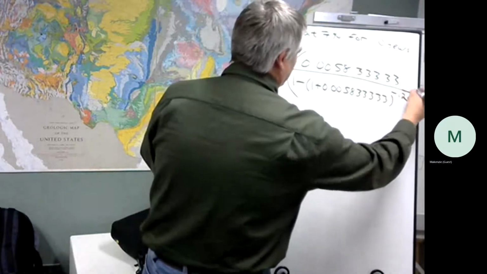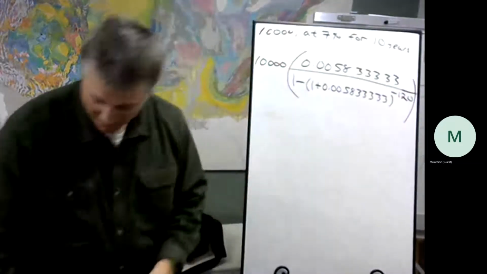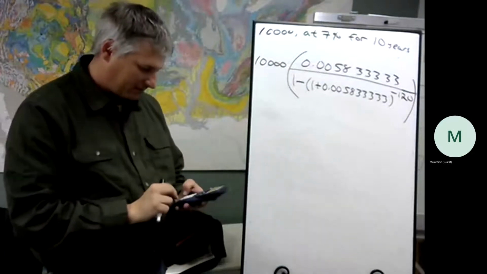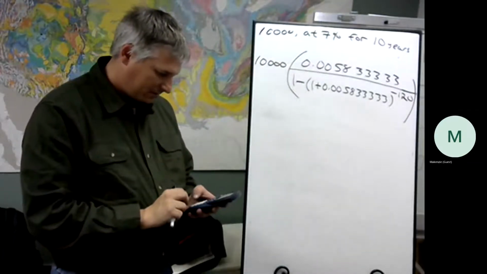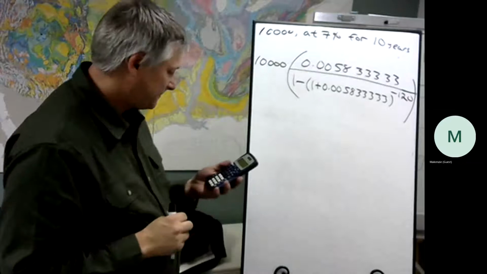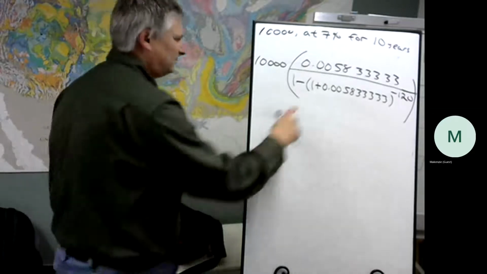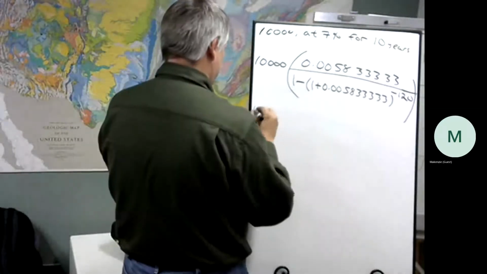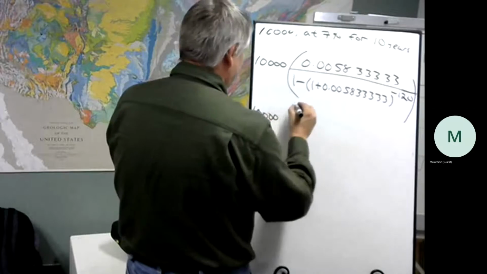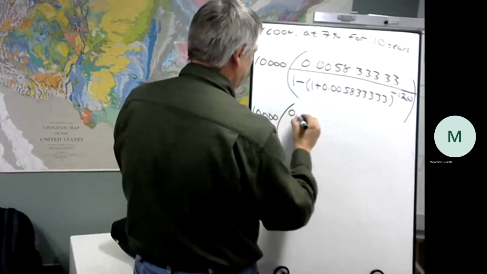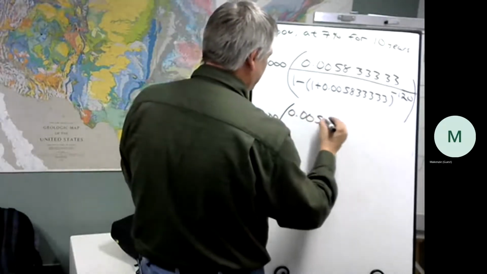Minus 120, and there we go. Double check my numbers here. All right, that's correct. Add 1 to this. So it's easy to make a mistake with this one. You want to be really careful.